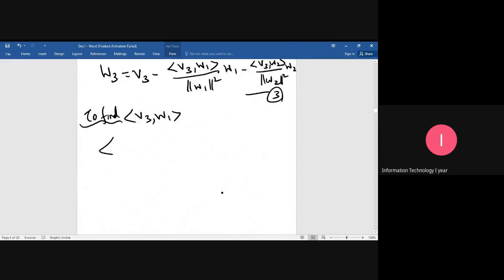So the inner product of V3, W1 equals: multiply 3 into 1, it is 3, plus 2 into 0, which is 0, plus 1 into 1, 1.